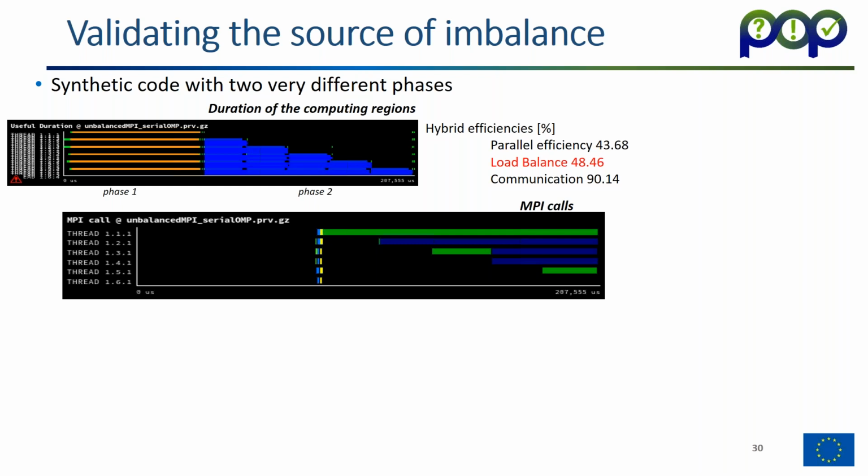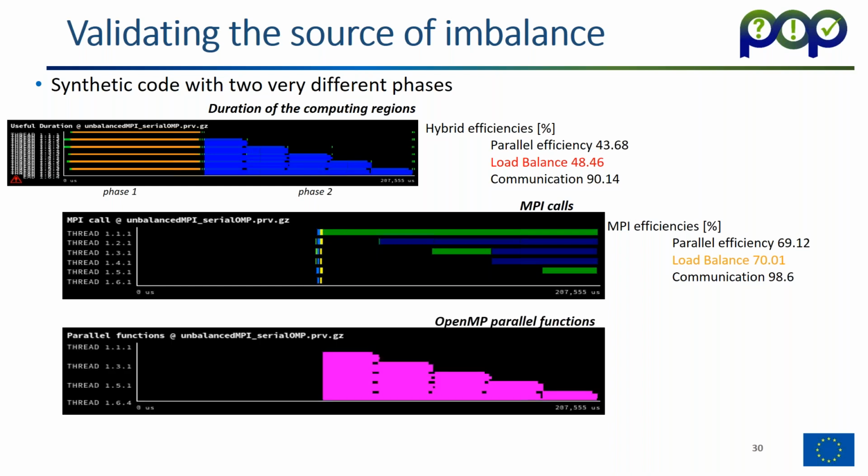Based on that, when I use this picture to compute the metrics, it says, yes, you have an imbalance problem at the level of MPI, between the MPI ranks. If I do the same for OpenMP, using the previous numbers you have in this slide, I get the result that it also has a problem of load balance in OpenMP, and as serious as the one in MPI.